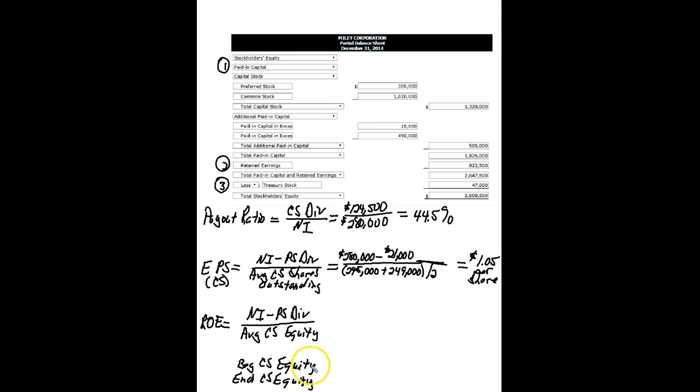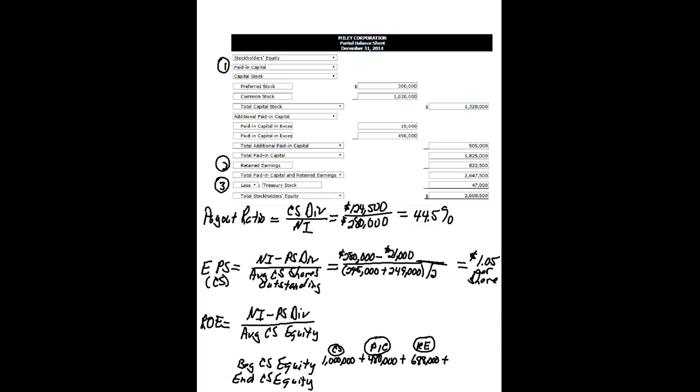Down here I've got beginning common stock equity. The beginning common stock account was $1 million. Paid-in capital for common stock was $480,000 from the prior page. It also includes retained earnings, because earnings belong to the owners, in this case the common shareholders, who have voting rights: $688,000, pulled from the prior page.